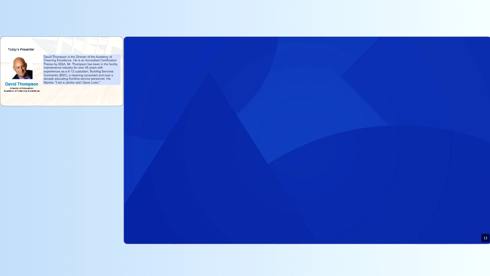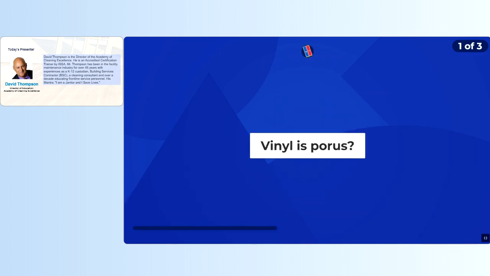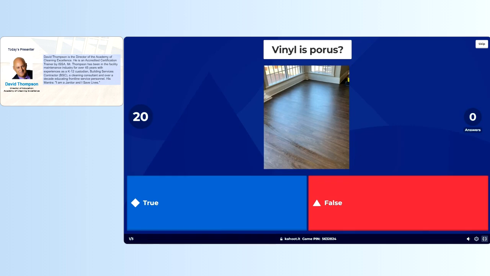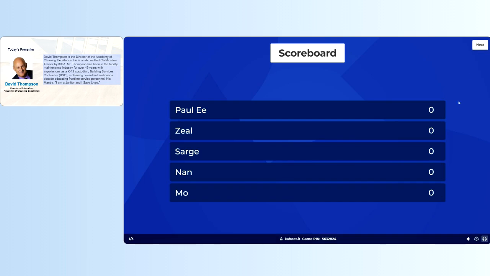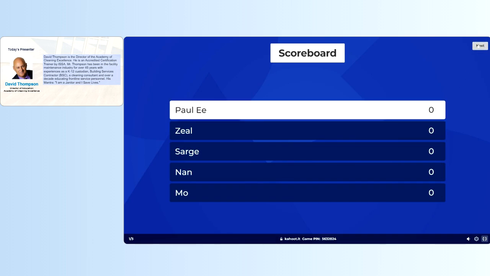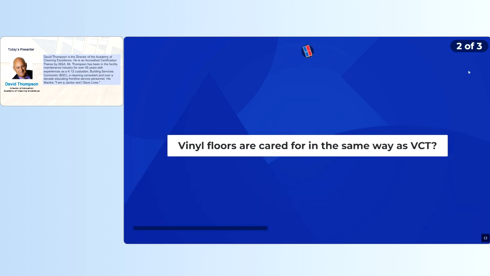You should see the question come up on your phone. Just answer true or false on your phone or on your computer, whatever you might be on. Well, it kind of looks like we have a little difference of opinion here. True or false?